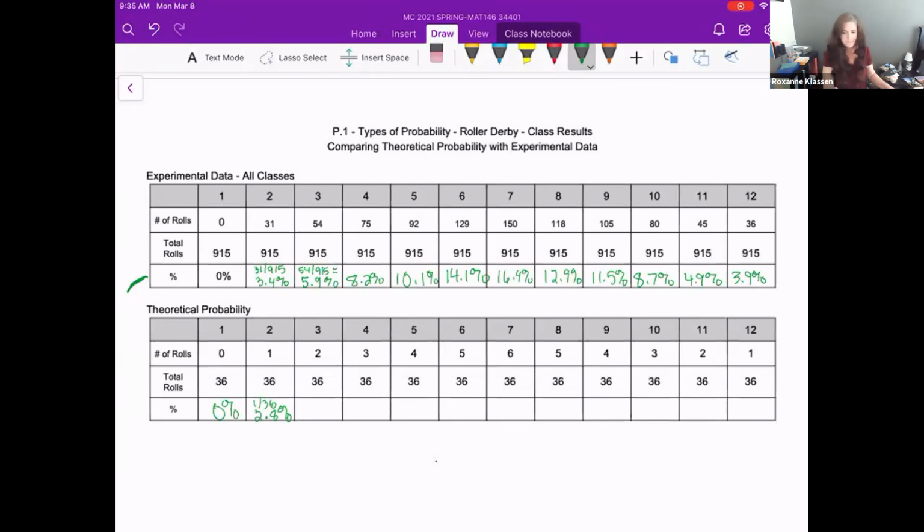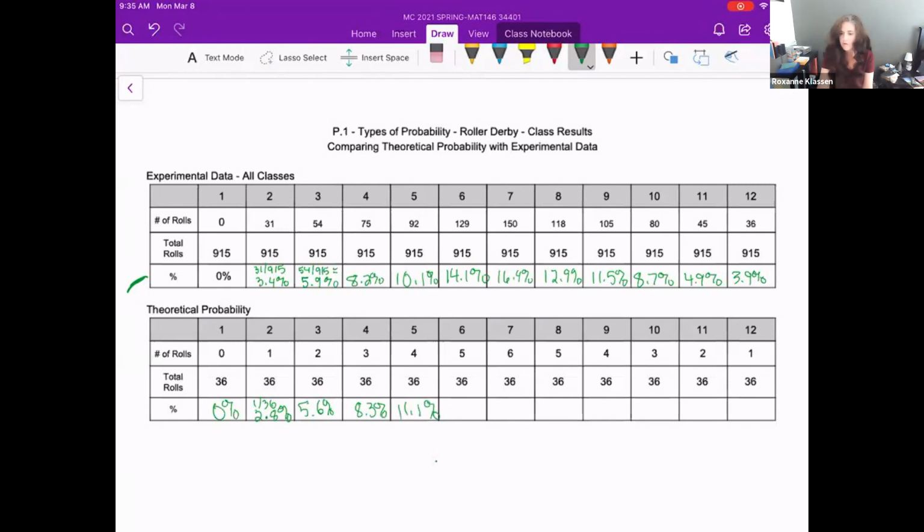Excellent. Okay. So when you filled all these in, you probably noticed something. So let's confirm. Did you guys get 5.6%, 8.3%, 11.1%?